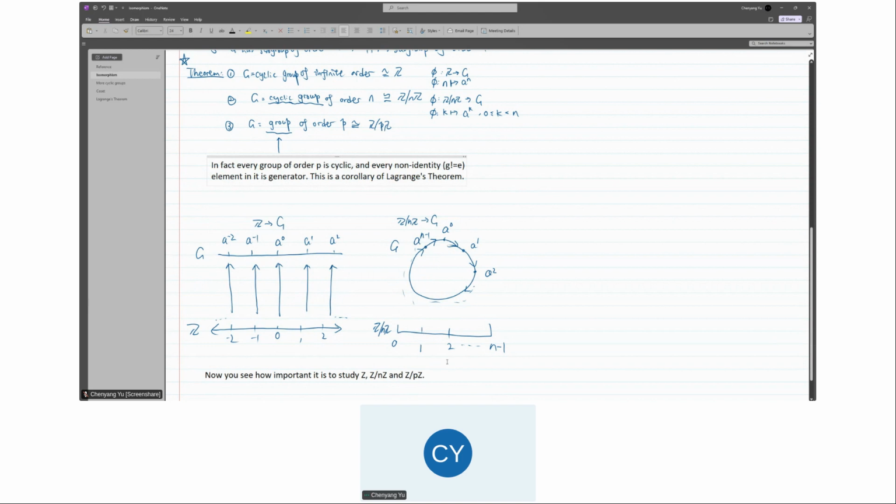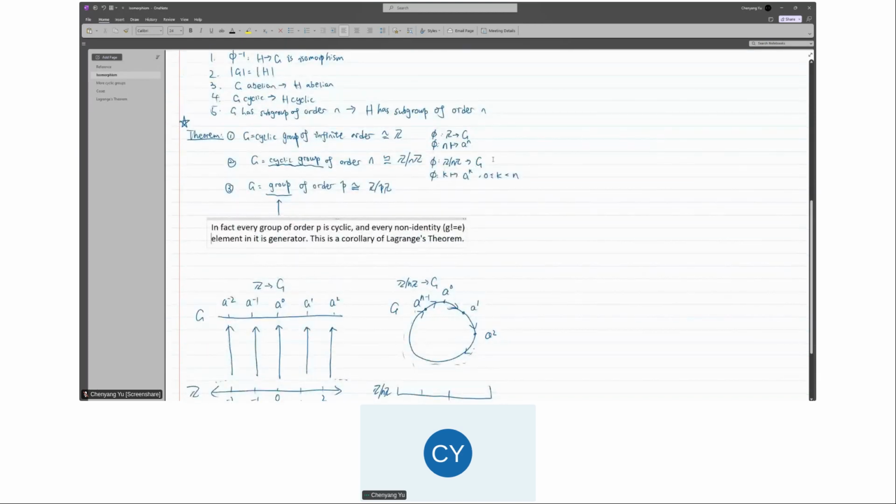And you can map that finite set of numbers, Z mod nZ, which contains elements from 0 to n-1, to each dot on the clock. We construct a one-to-one correspondence, so they are isomorphic. More formally, you have to prove that phi maps k to a to the k. You have to prove the homomorphism requirement, and also show this is a bijection.